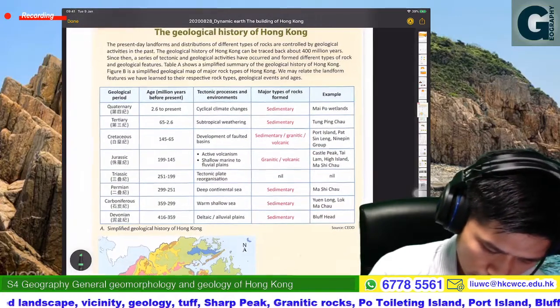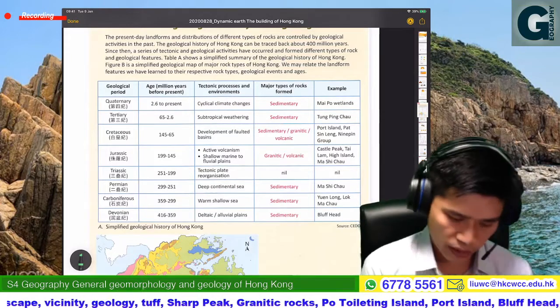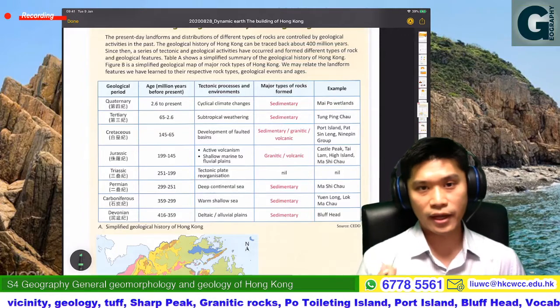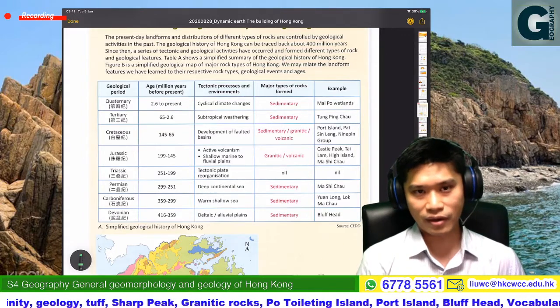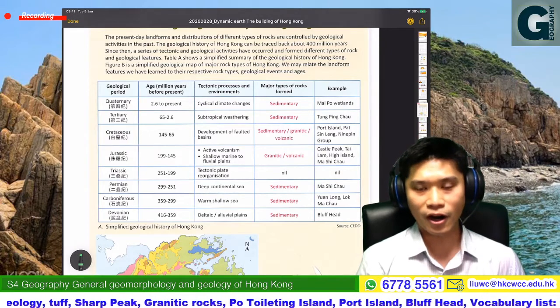Okay, so therefore here would be the summary of the age of the rocks in Hong Kong.